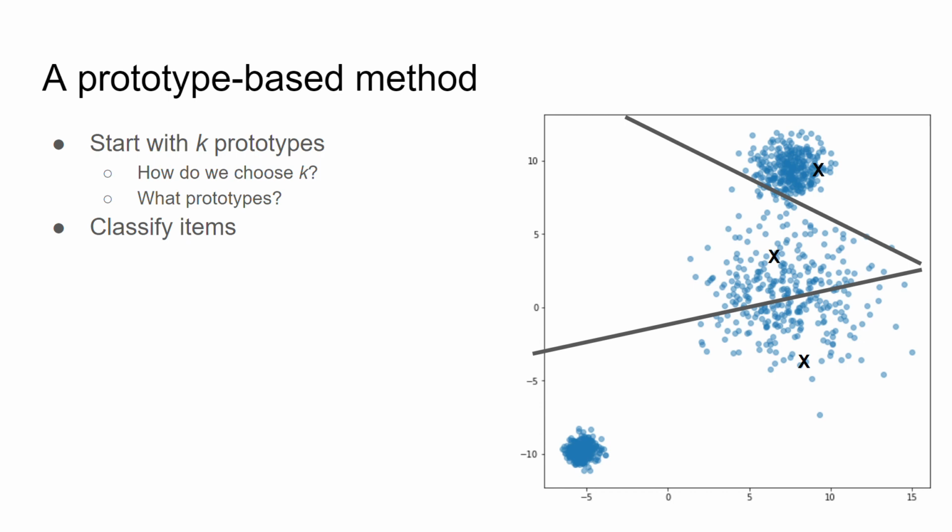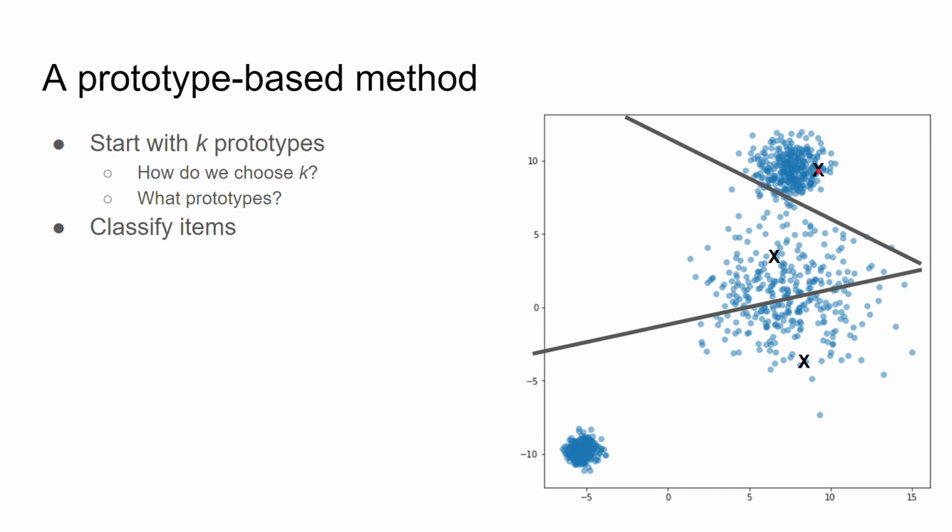Looking at those, though, the prototypes that we have now aren't very good examples of that category. Like this prototype is here, but pretty much all the data in this category is over here. So let's update this prototype.